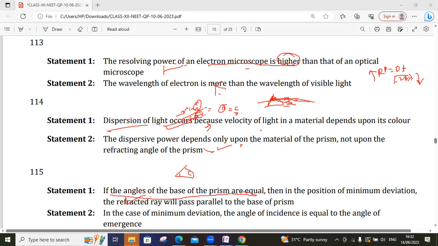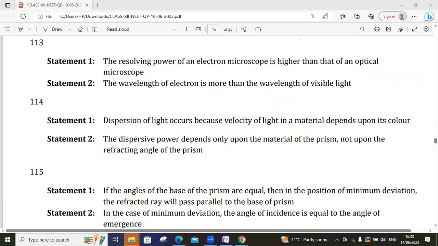Then, in the case of minimum deviation, the angle of incidence is equal to the angle of emergence. This is also correct. So both are correct, but this is not the correct explanation for this. If this had not been there, maybe option A would come. We'll go for the next question.